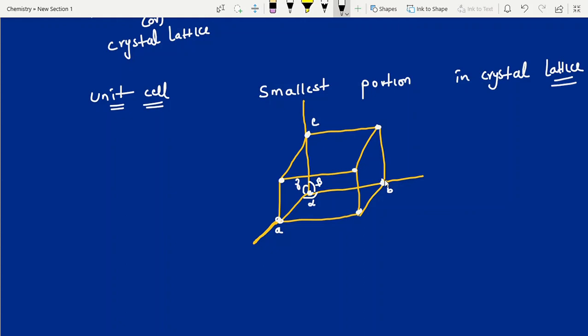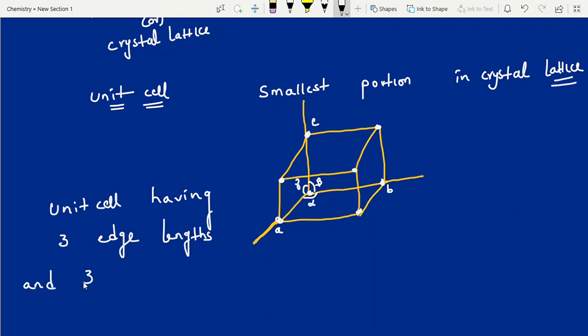How many crystal systems, students? 7 crystal systems. That I am writing here. A unit cell has 3 edge lengths and 3 angles. The exact word is interfacial angles, which we call alpha, beta, gamma.